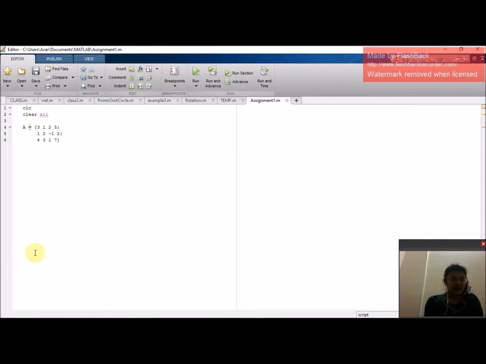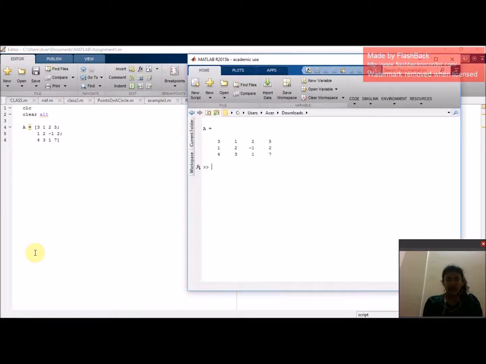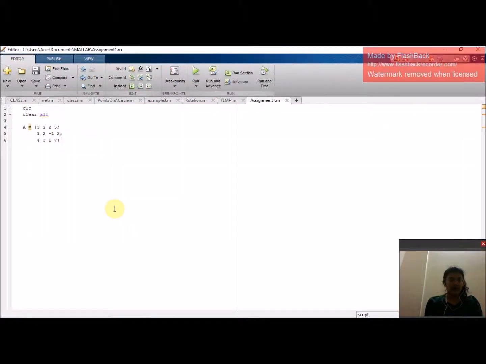So if we run this, we have our matrix defined over here. So now let's find its row reduced form.